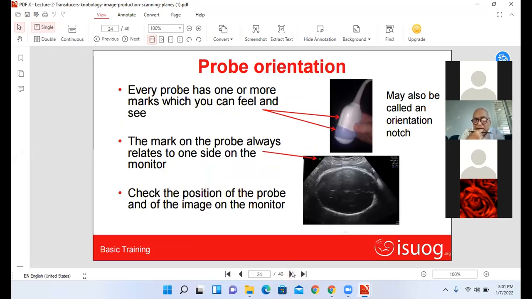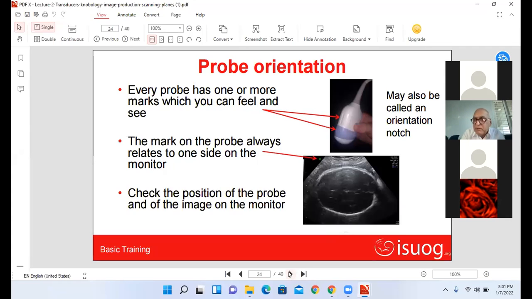Probe orientation. Everybody knows this, but again, let me repeat it: every probe has a notch or a mark or some shallow spot which corresponds to the screen and how it should be oriented.